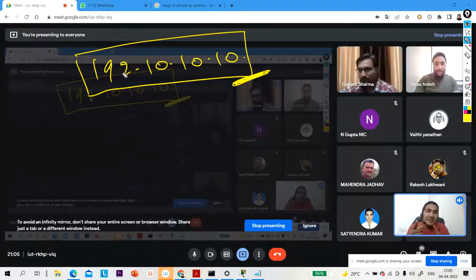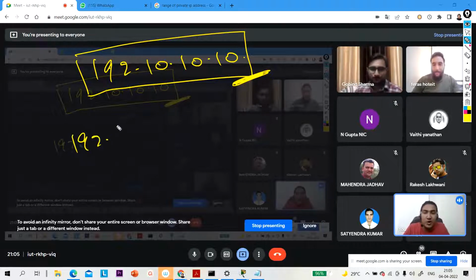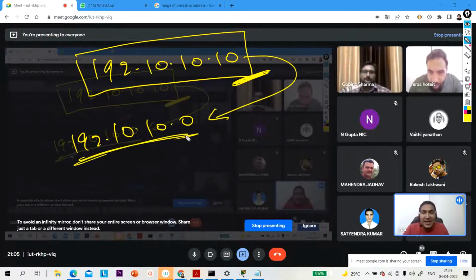So that is the network ID, which is telling us that this IP address belongs to this network, and that this network is starting from here, right?